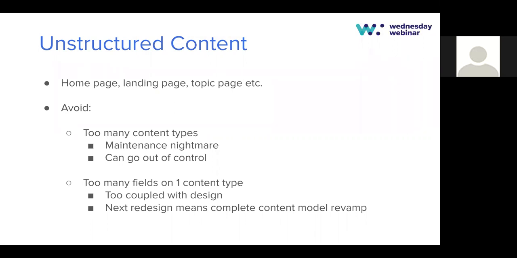And unstructured content is what you can think of as your homepage, which is typically a unique design, or if you're creating a landing page showing content from a particular topic, or if the marketing team is creating a campaign page, or it could be a special article page as well. How do you approach these kind of pages? Because generally these are pages that are put together by editors or somebody who's managing the CMS.